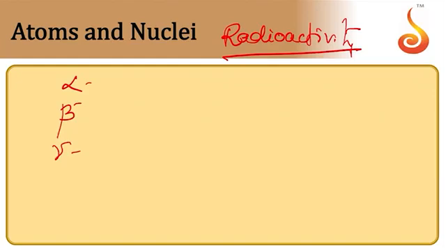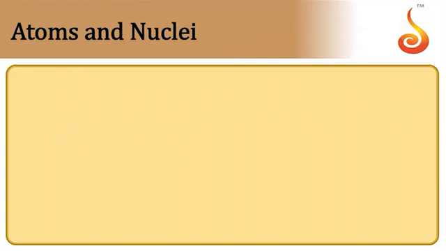So alpha or beta or gamma radiations come out. This is what is known as radioactivity. Now, during radioactivity, the given heavy atom disintegrates and it results in another fragment. We can call it the parent atom and the daughter nucleus, parent and the daughter nucleus.